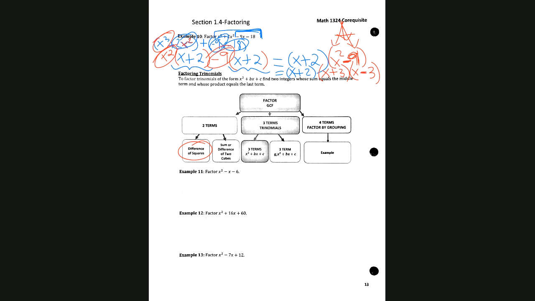Now, to check that this is equivalent, I'm going to go ahead and multiply them. So if we multiply x times x, we get x squared. If we multiply x times negative 3, we get negative 3x. If we multiply positive 3 times x, we will get positive 3x.